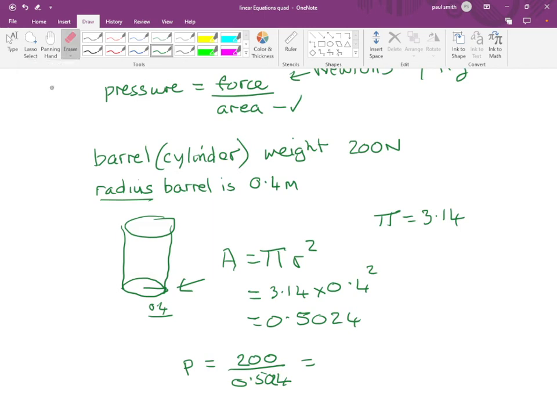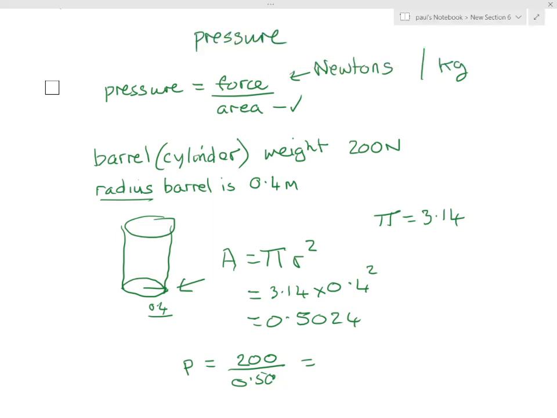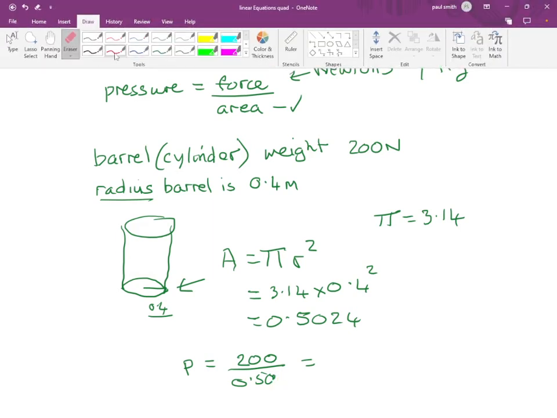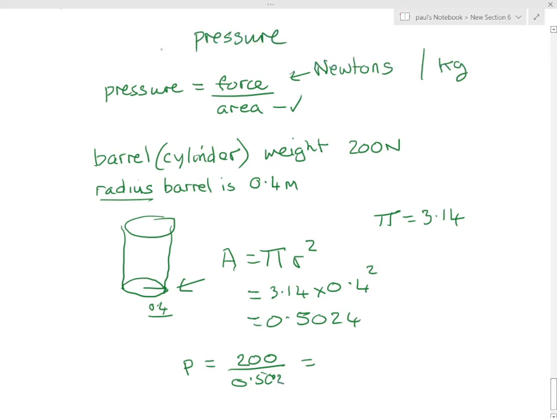Right, okay, so 200 divided by that is equal to 398.09, to 2 decimal places.